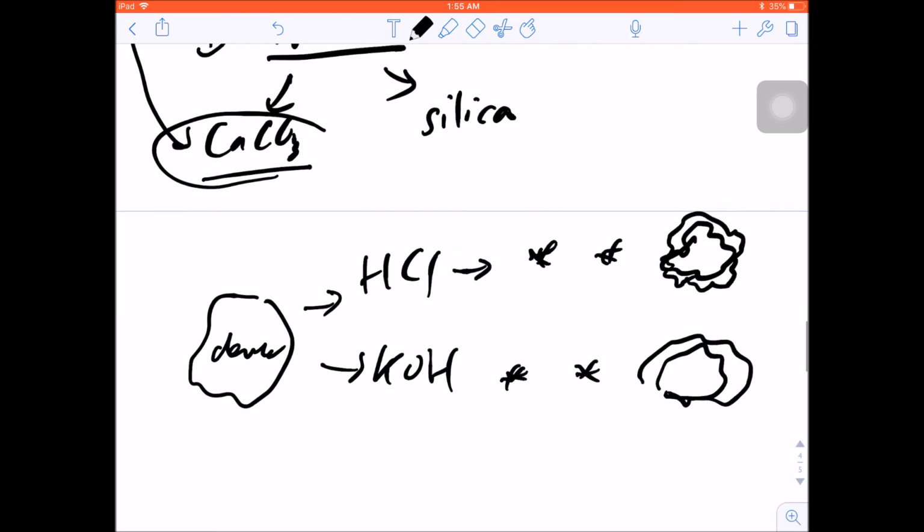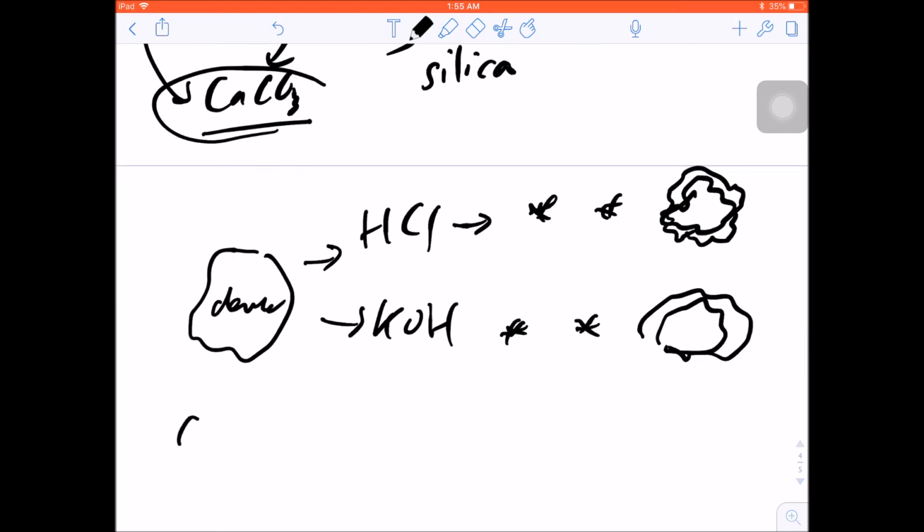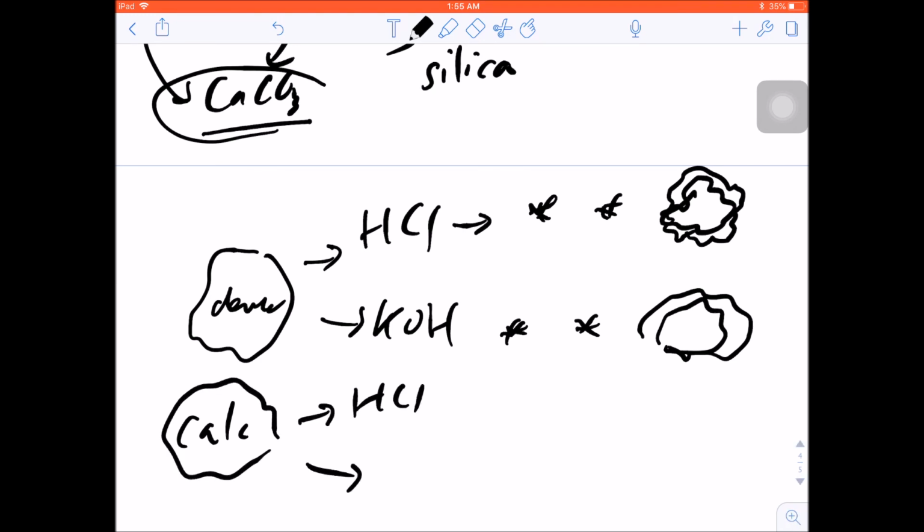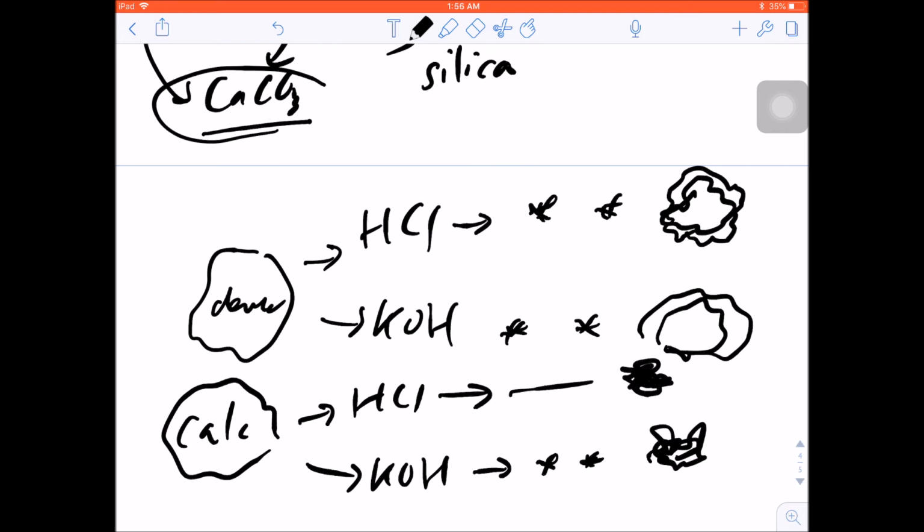But in the calcareous sponge, once you treat it with a strong base, again you'll have spicules and some degraded cellular material. But in the HCl, in the strong acid, there'll be no spicules left. You'll just get degraded gummy material because these spicules got dissolved by the strong acid. Okay? And so that's how you differentiate between these guys in the laboratory. And that should wrap up sponges.